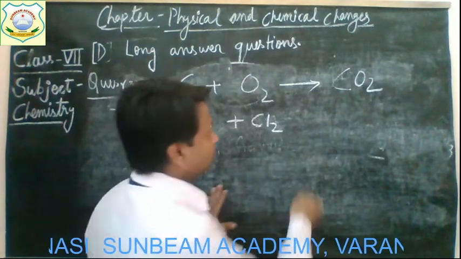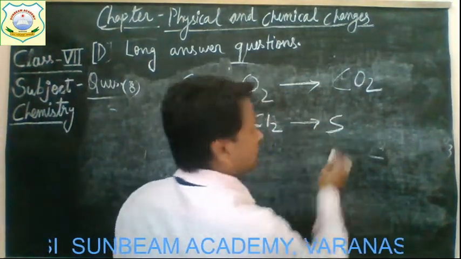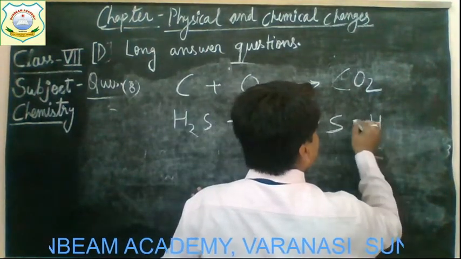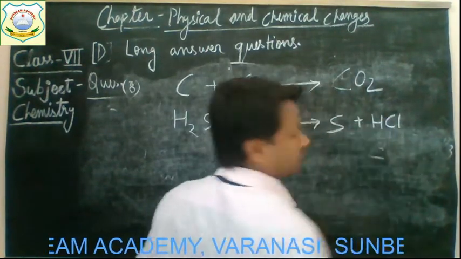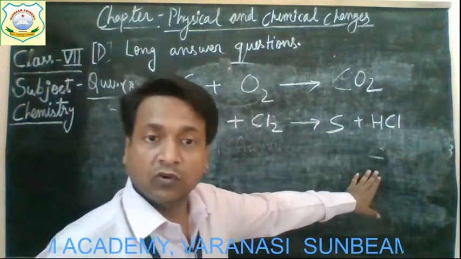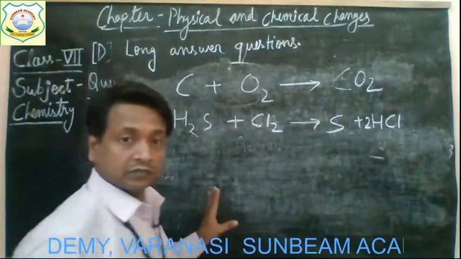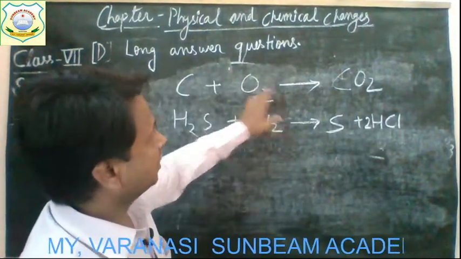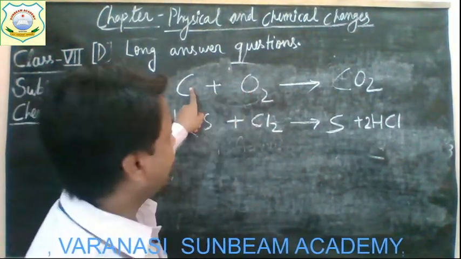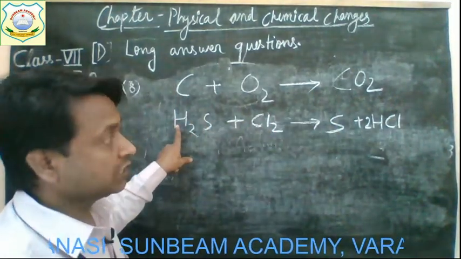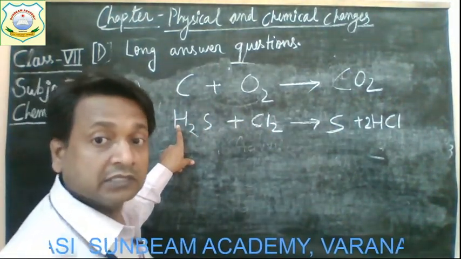It forms sulfur and hydrochloric acid. So here in the first one, oxygen gets added to carbon and forms carbon dioxide, and here hydrogen gets removed.